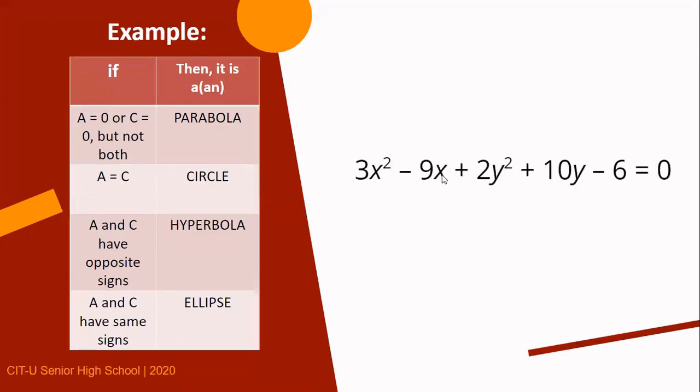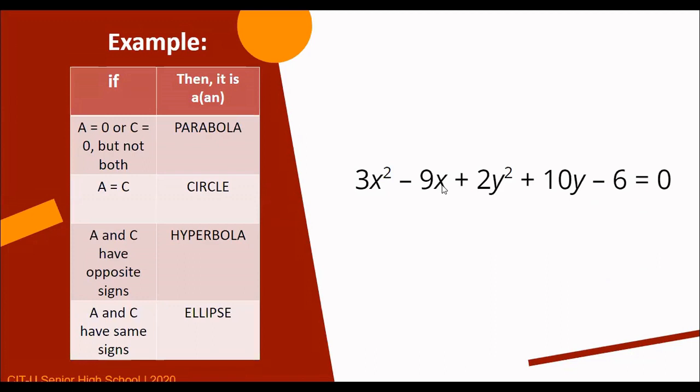Another example, we have 3x squared minus 9x plus 2y squared plus 10y minus 6 is equal to 0. This isn't a parabola again because A or C is not 0. Next, you check your A and your C. It's 3 and 2. Ergo, they are not equal, so this is not a circle.